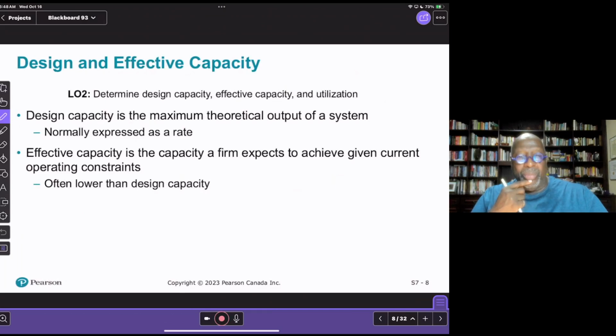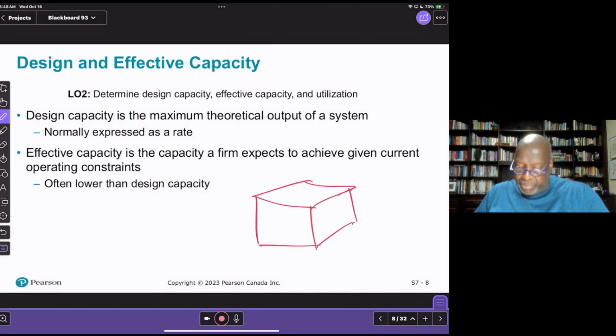So let's understand the concept of design capacity versus what we call the effective capacity of a system. You might say, hey, I've designed this box.